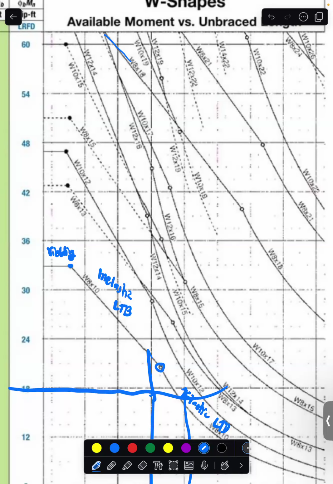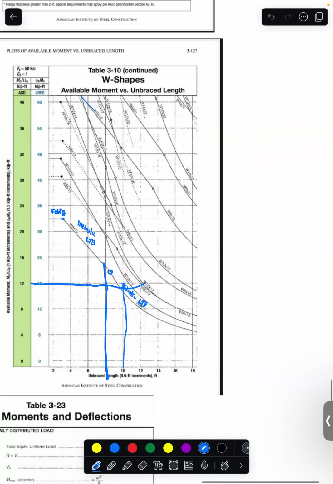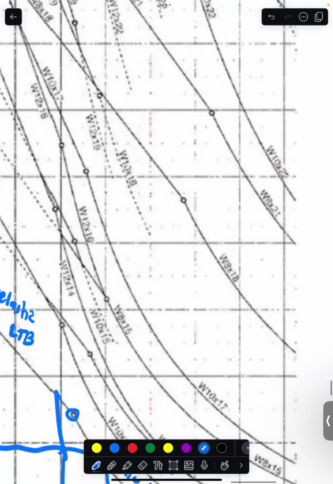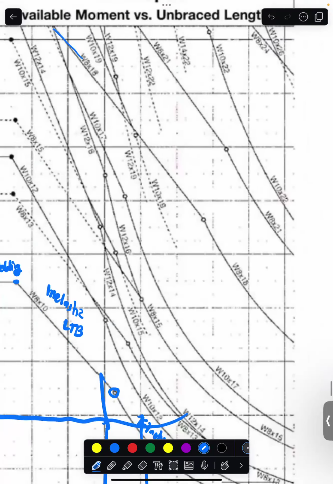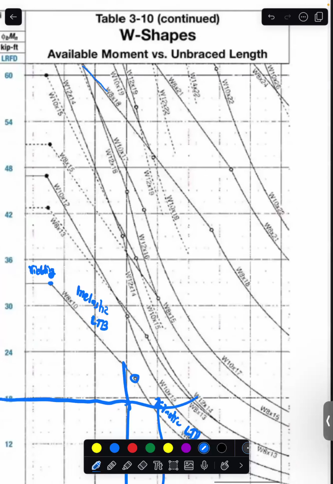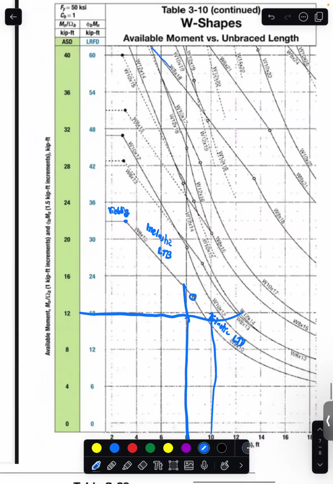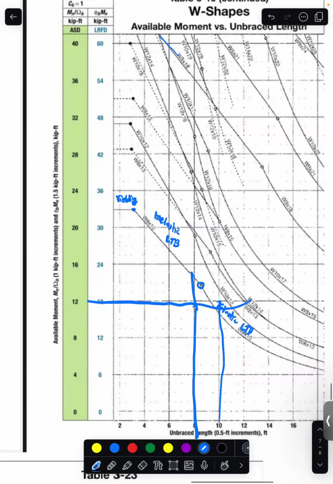Pero si W8x15 sakto nandun siya sa inelastic LTB. So medyo lusot pa siya. So ganun yung magiging criteria natin na pwede mong i-limit na kung anong limit state. So these dots will enable you to distinguish nasaang part na siya ng behavior na at this length inelastic LTB, at this length elastic LTB na siya.